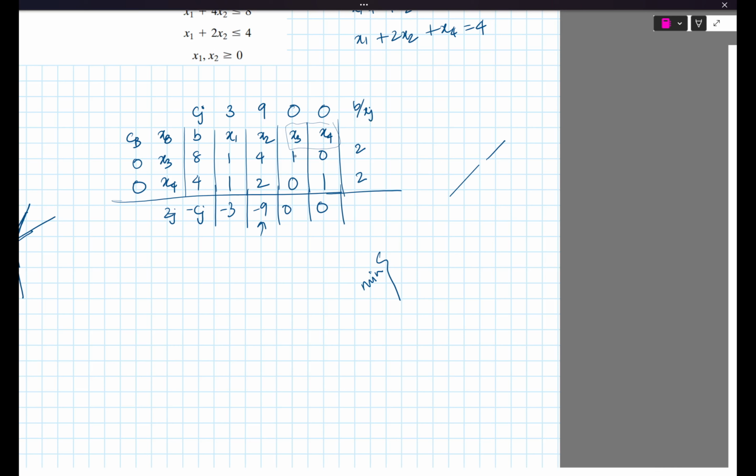So instead of b by xj, now you look at something else. And one more thing: sometimes the basic variables are x4, x3, and then the 0 1 column will be above and the 1 0 column will be below. Then I can take either order, right?